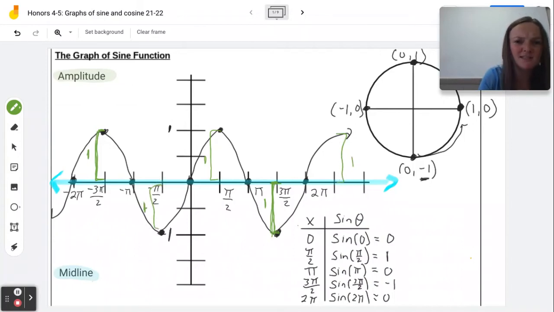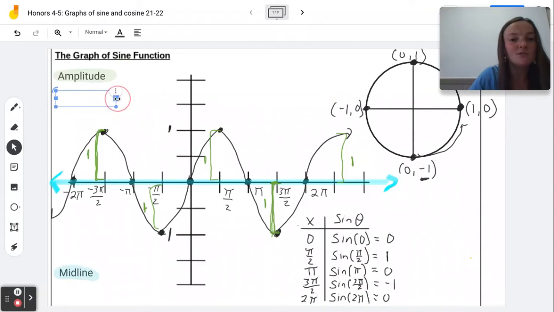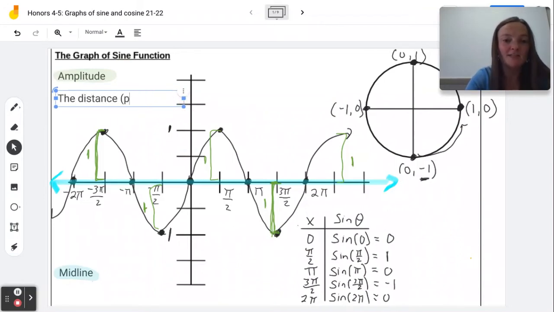And remember, distance is always positive. So even if I'm below the x-axis, think distance is the absolute value. It can't be negative. And so what we can define amplitude as being is this: amplitude, in essence, is the distance, and remember that that's positive, between the max or min and the midline.